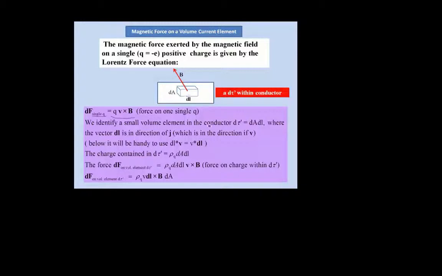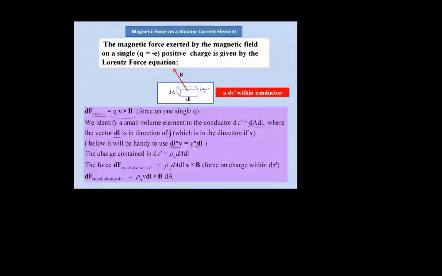So this volume is d tau prime, shown here. The volume element is equal to dA times dl, and the vector dl is in the direction of J, which is in the direction of V. So all of these are headed in the same direction. It's going to be handy to use this identity here.